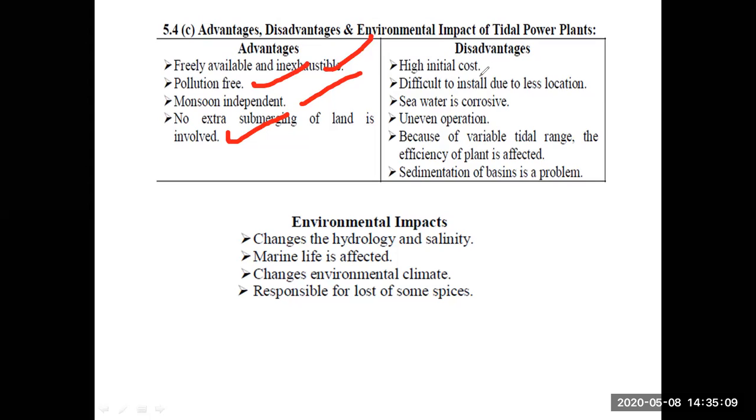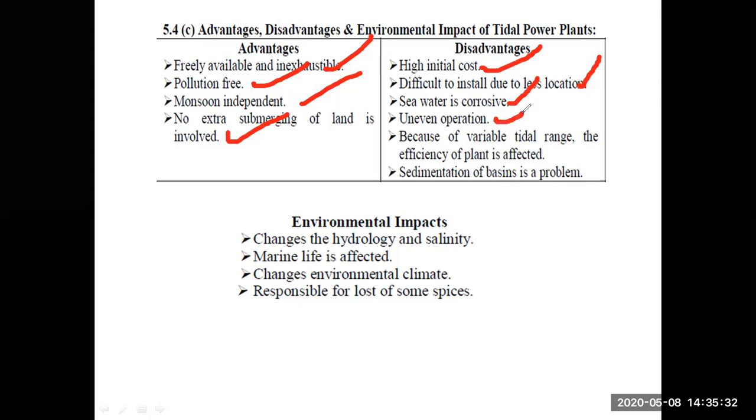What about the disadvantages? High initial cost, as you have been told earlier, very high costs are involved. Difficult to install due to fewer locations all over the country, very few in number. Seawater is corrosive in nature, so maintenance is high, replacement is high.